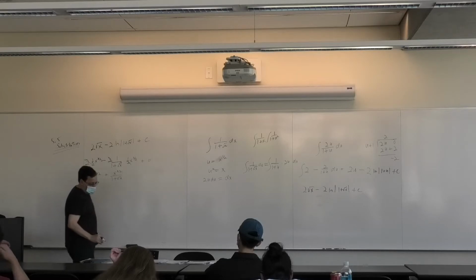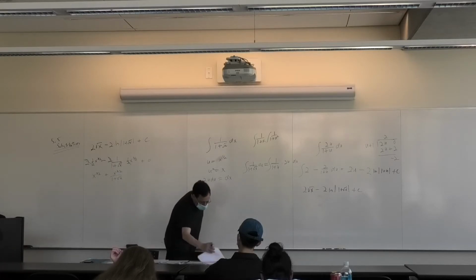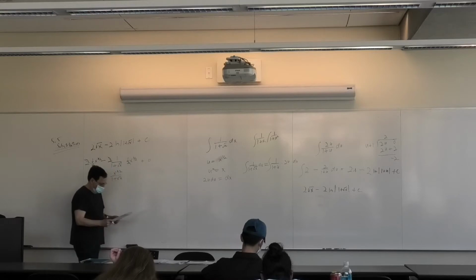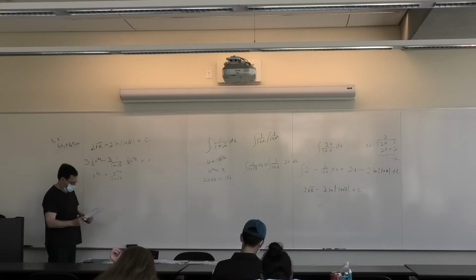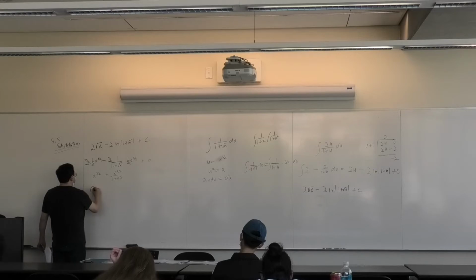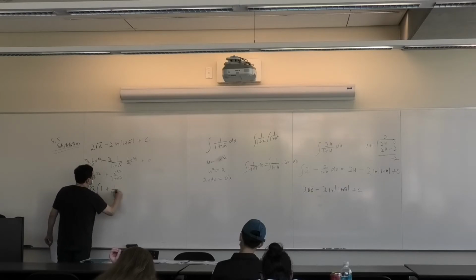I feel like this isn't coming out right. Well, keep going. When I take out the square root of x, I get 1 plus 1 over 1 plus the square root of x.